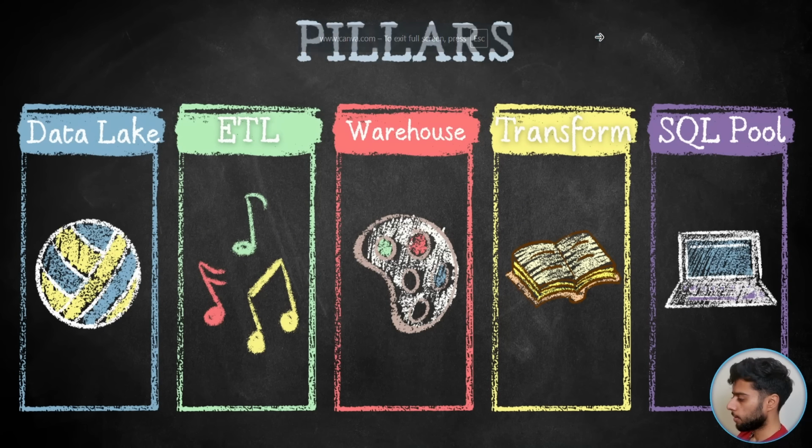Make sense? So as I was saying, there is one more pillar, the sixth pillar. The sixth pillar is for real-time analytics. Yes, I will show you a small demo of real-time analytics as well, but it is not a major pillar for now. There is a reason behind it, because 90% of the Azure data engineering work is strongly dependent on these things.